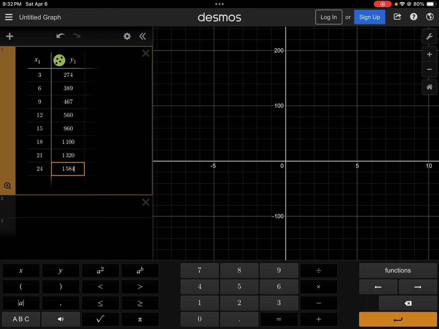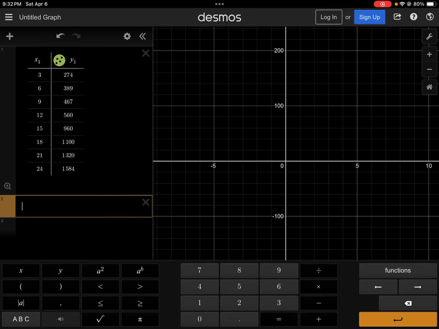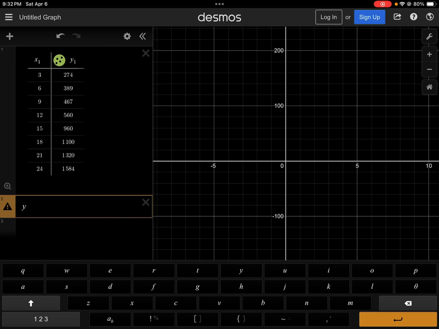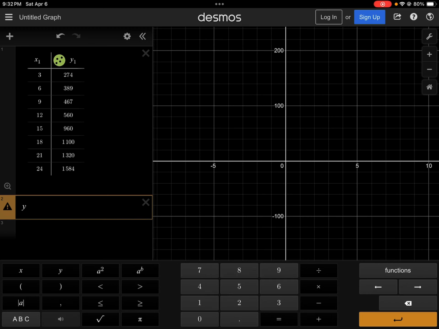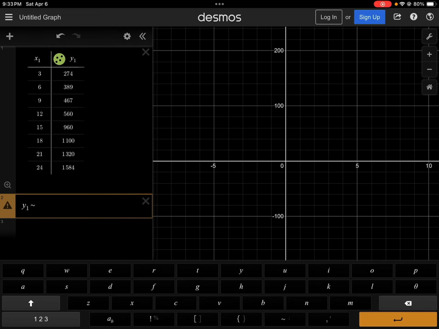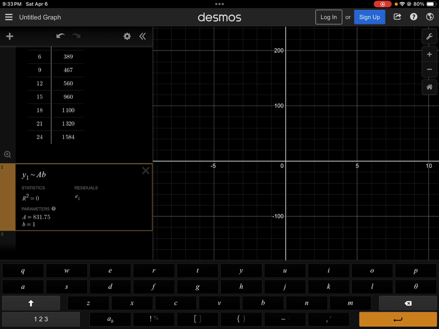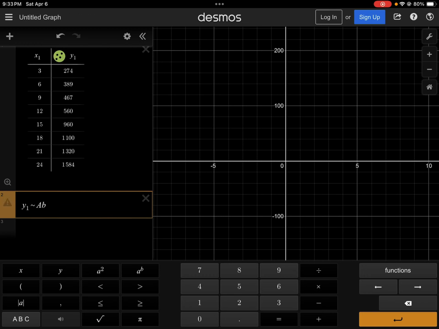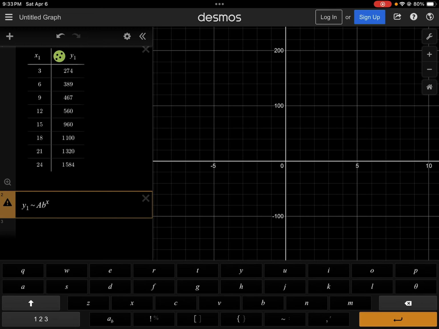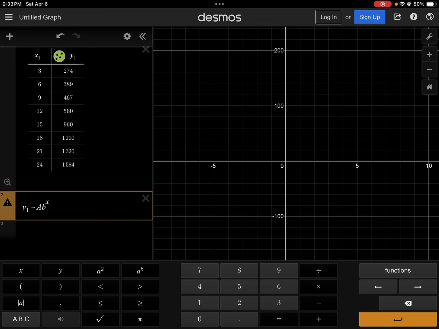I hope I typed everything correctly. Now the next one is use the squiggly to figure out the function, and don't forget to put y1 and x1. y1 space squiggly, we have capital A, times b to the power of x, x1.